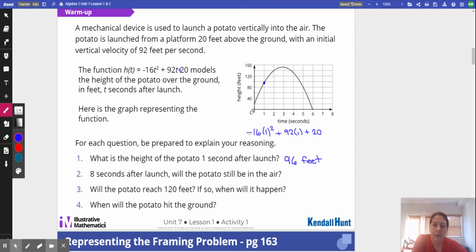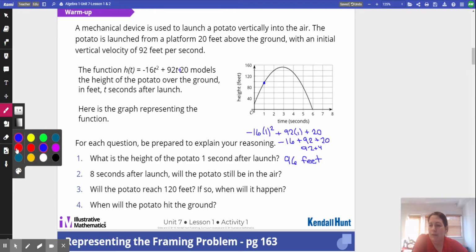So I know 1 squared is 1. 1 times negative 16 is negative 16. 92 times 1 is 92, plus 20. So if I take 16 away from 20, I know I'll have 4 left over. So 92 plus 4 will give me 96 feet.